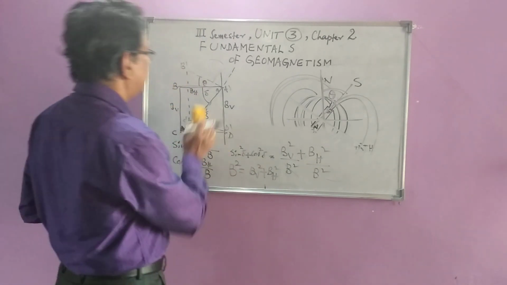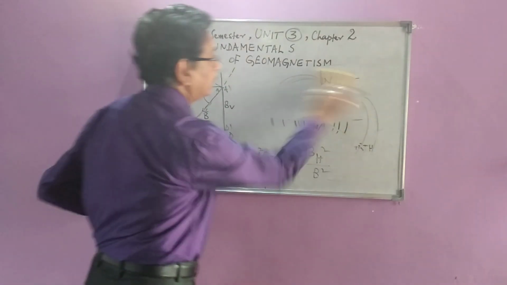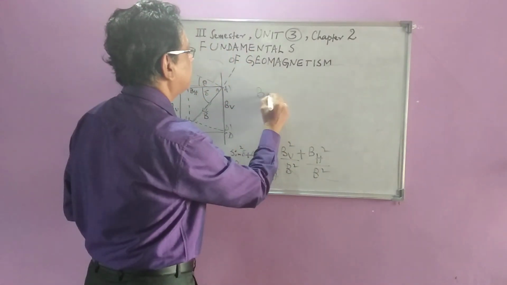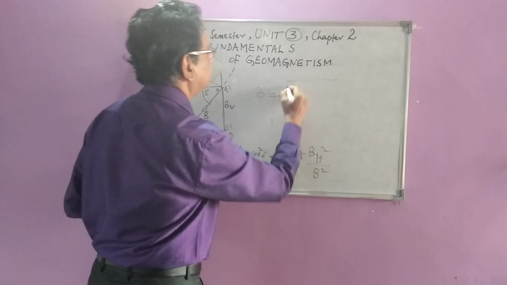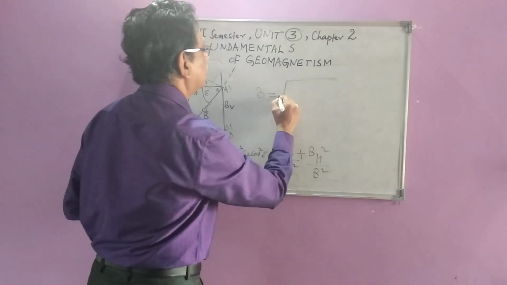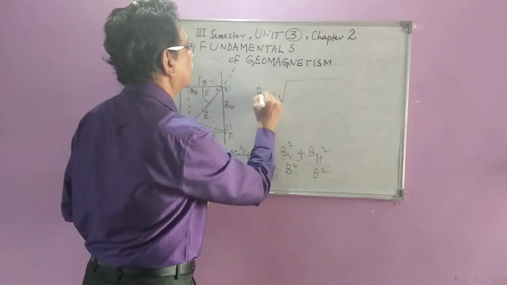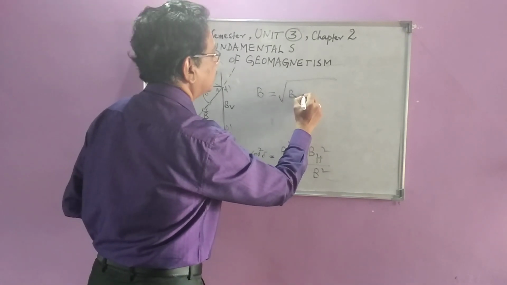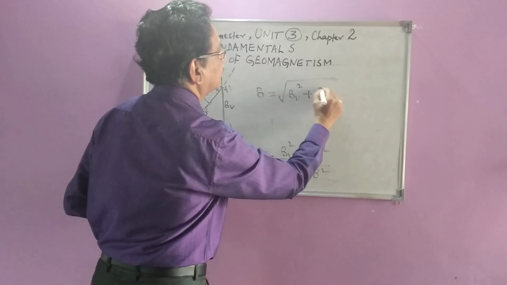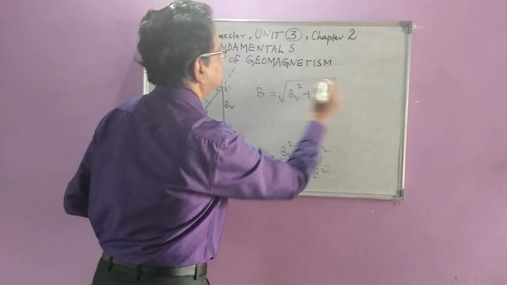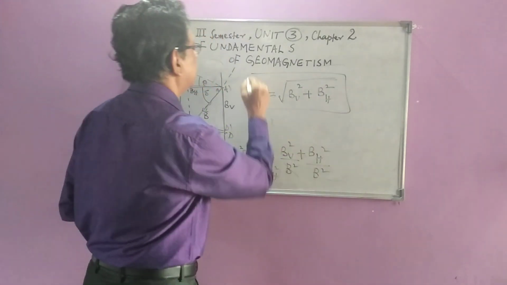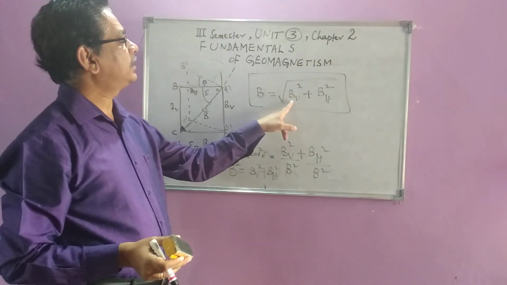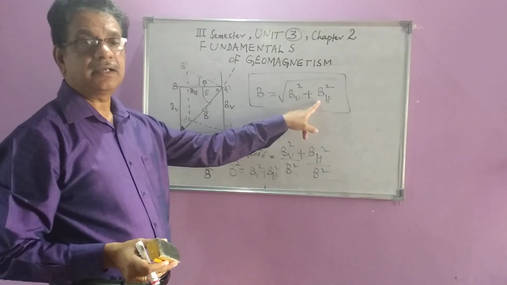And from here I can write B is equal to root of BV square plus BH square. So this gives an expression for Earth's magnetic field in terms of the vertical component and the horizontal component.